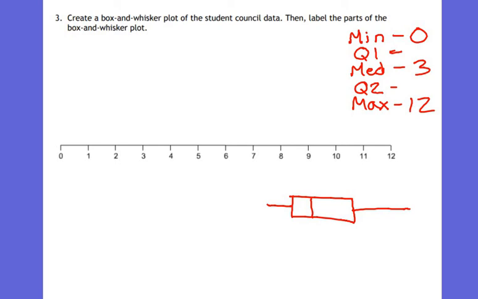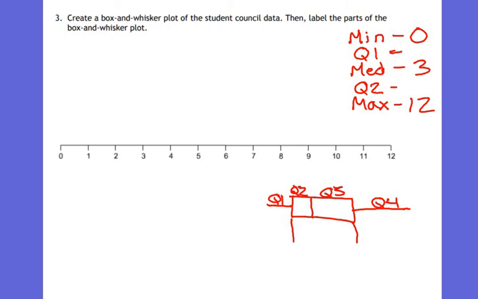There are 4 sections. You have a quartile 1, quartile 2, quartile 3, and quartile 4. You see the 4 sections. So I need quartile 1 and 3, which are these end-piece lines right there.